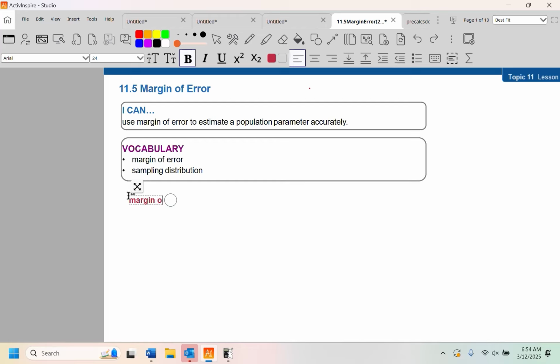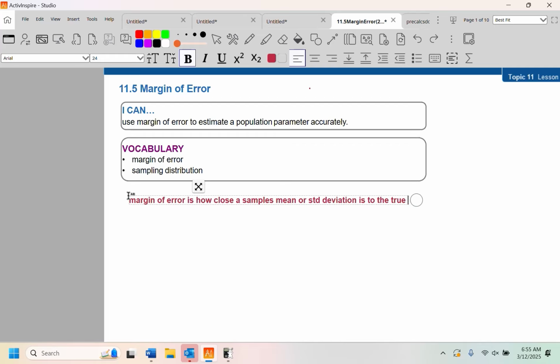Margin of error is, let's say, how close a sample's mean is to the true population's mean. Let me reword that. It's how close a sample's mean, or maybe standard deviation, is to the true parameter, which is the population.